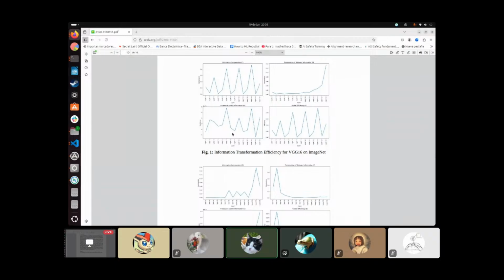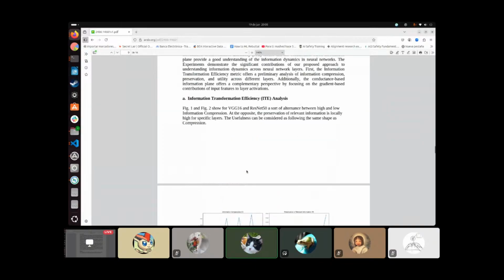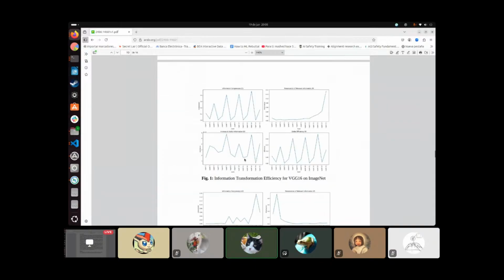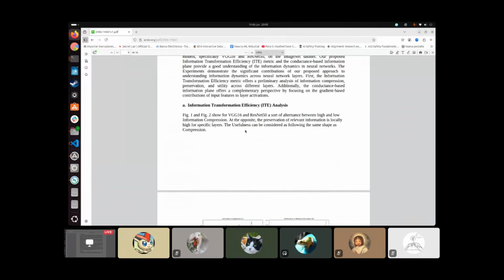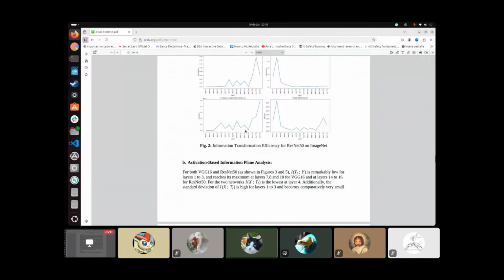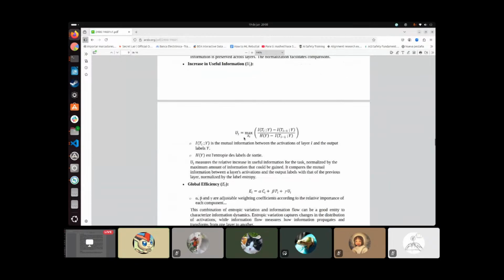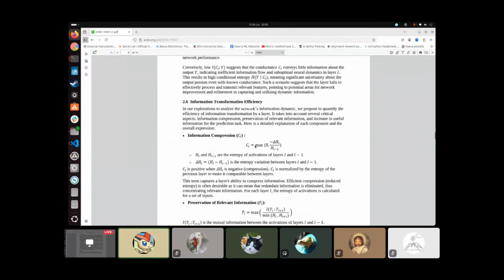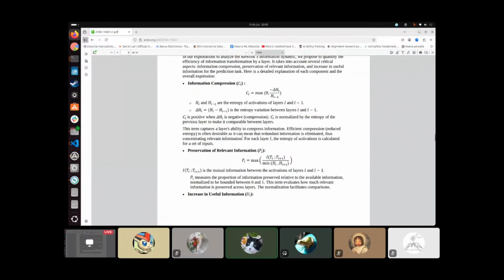So it's how much more information is added in this layer, compared to just the output as opposed to the previous layer. I think it's easier if you just look at it, because it's just a ratio of differences. That's the usefulness. That's the compression.